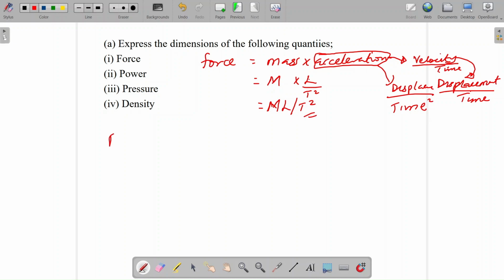So for power, what is power? How do you do the dimension of power?